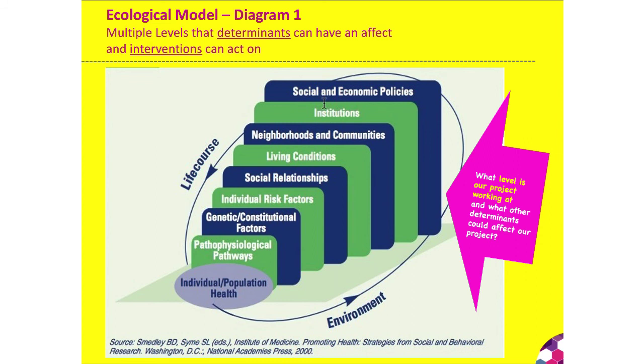But it also considers social relationships, the housing and living conditions, the neighbourhoods and communities that people live in, whether they have jobs, the institutions and services that they can receive and are able to access, and the social and economic policies within which they are living, in terms of the national social and economic policies and the local social and economic policies.